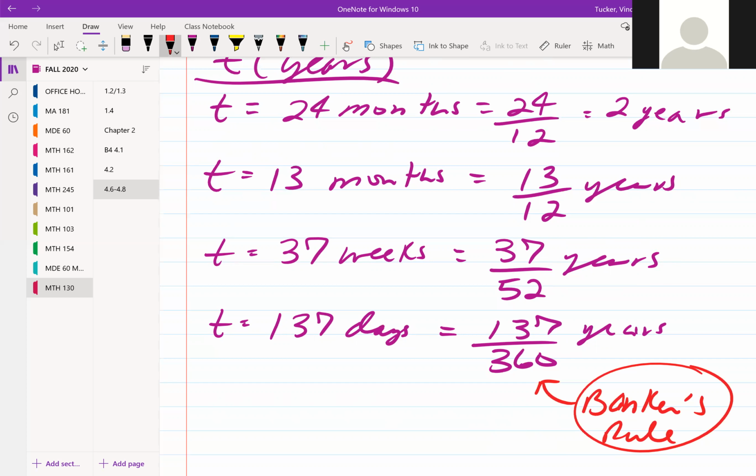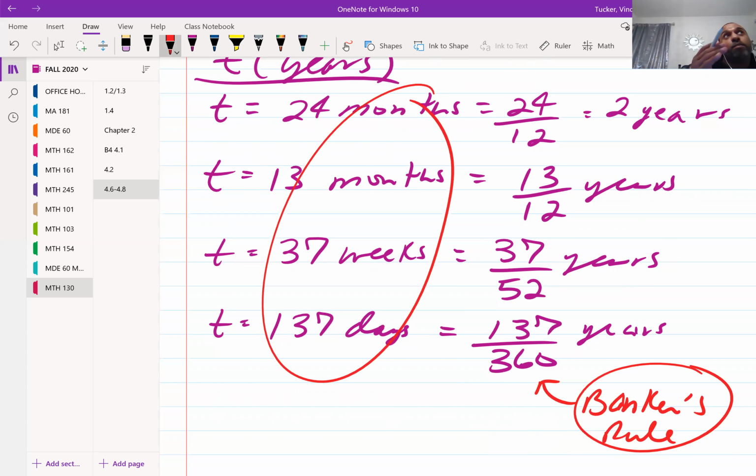Oh, okay. So every measurement that you have as far as time is concerned is supposed to be in years. So all of these are in years.